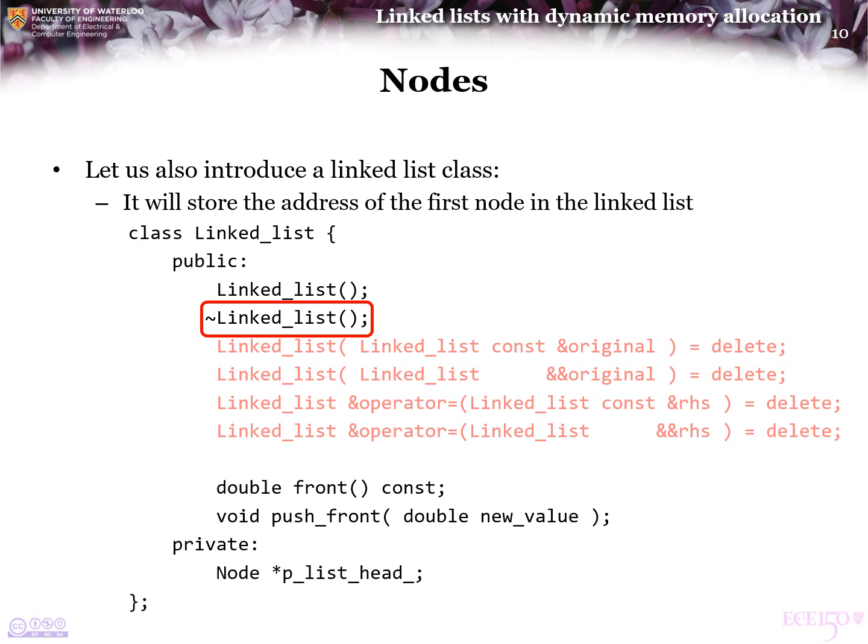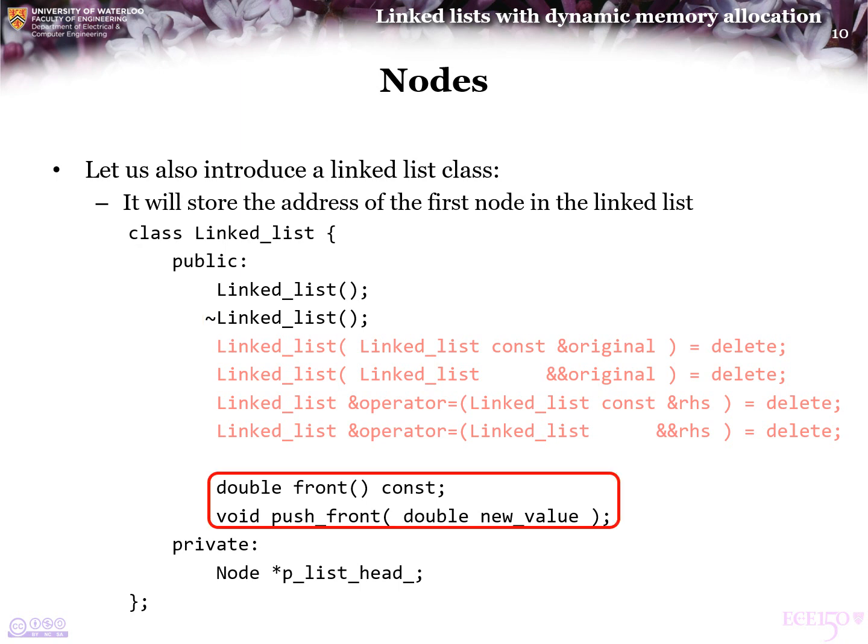Now, next here we have the copy constructors, the assignment operators, the move constructor, and the move operator all assigned to delete. This prevents the user from accidentally copying or assigning one linked list to another. We will, however, have two member functions.